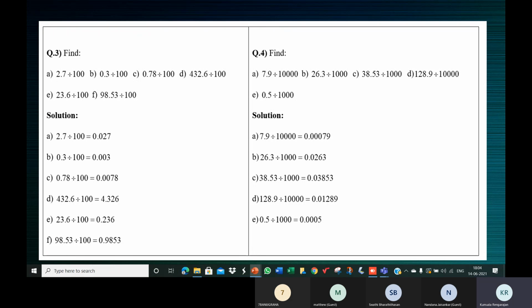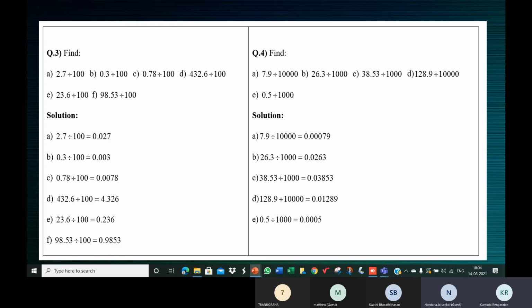So you should shift the decimal point by 2 places, to the right or to the left. Tell me both the answers.